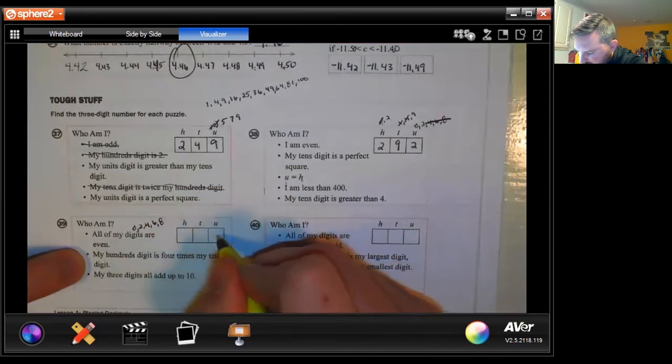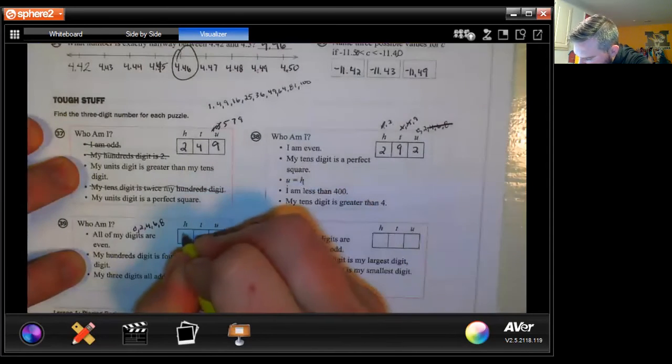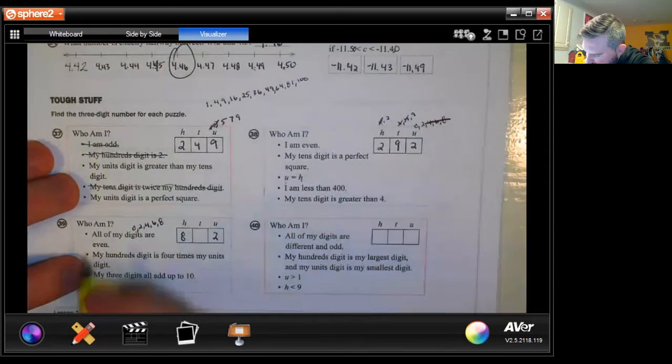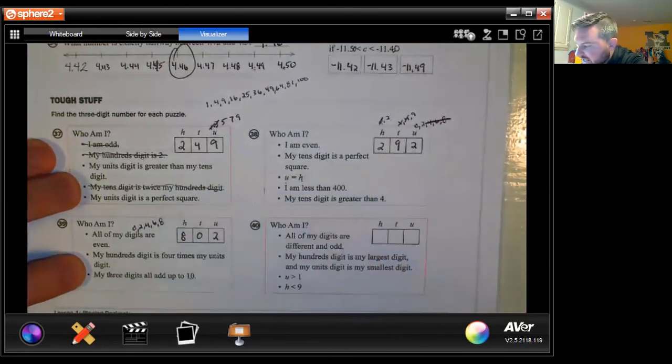If this is 4, 4 times 4 is 16, that couldn't be 16 right there. So this must be a 2, and this must be an 8. My 3 digits all add up to 10. Well, 8 plus 2 is 10, it already adds up to 10. So that means the tens place must be a 0.